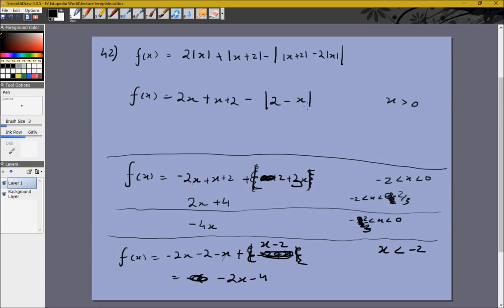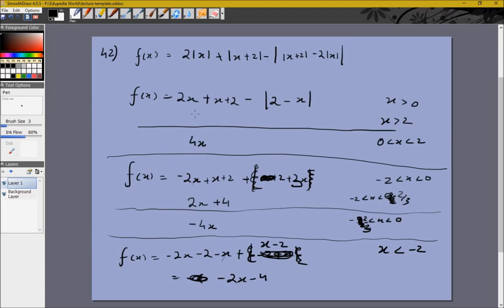Then again you have two branches here, x greater than 2 and 0 less than x less than 2. For x greater than 2 this is negative, and between 0 and 2 this is positive. So we'll just have minus 2 minus x, that is minus 2 plus x. So we'll have 4x, that's it. And here we multiply it by minus 1, or rather just take it as positive.